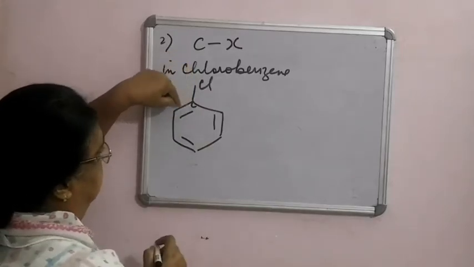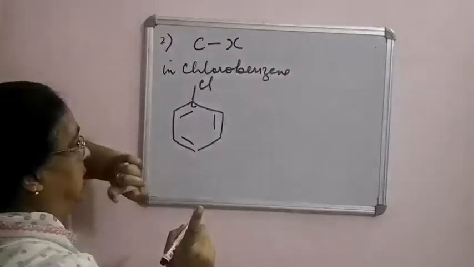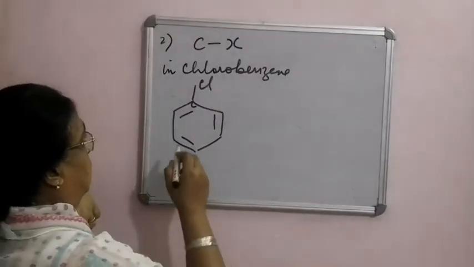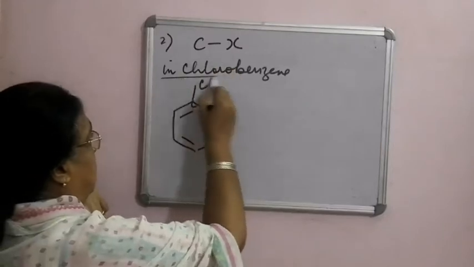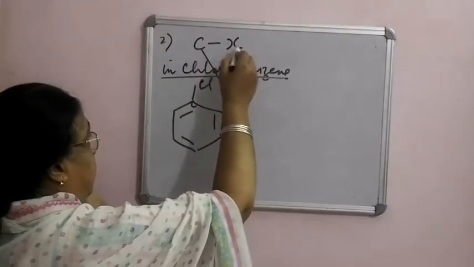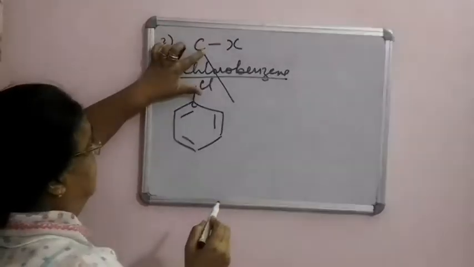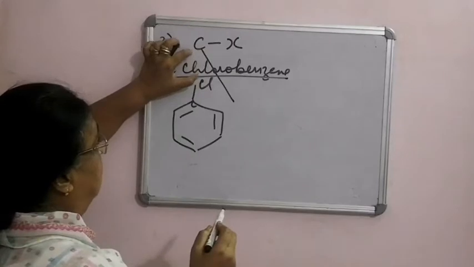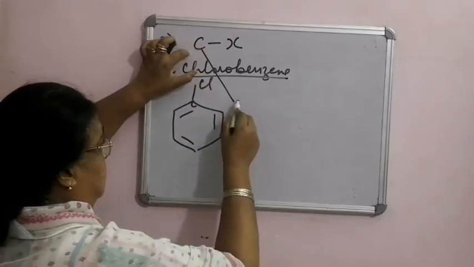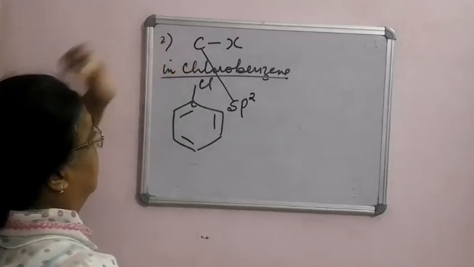The carbon has a double bond, and when a carbon has a double bond, it is in an sp2 hybridized state. So in chlorobenzene, the carbon of the carbon-halogen bond, we are emphasizing only this one, is in the sp2 hybridized state.